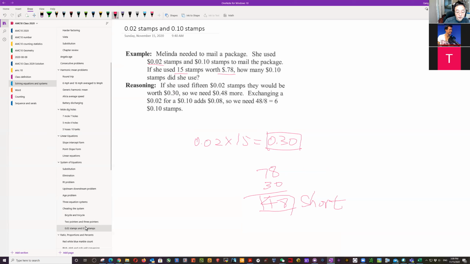If I replace one 2-cent stamp with a 10-cent stamp, I will gain an extra 8 cents. So 48 divided by 8 equals 6. So I need 6 10-cent stamps and 9 2-cent stamps. That's the way we can solve this problem.